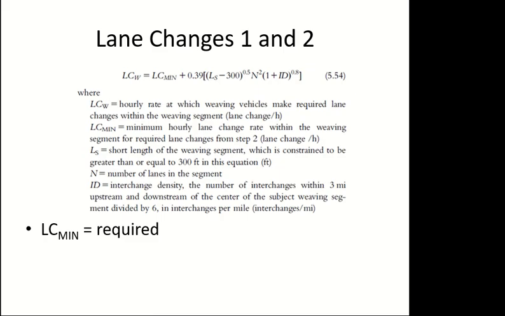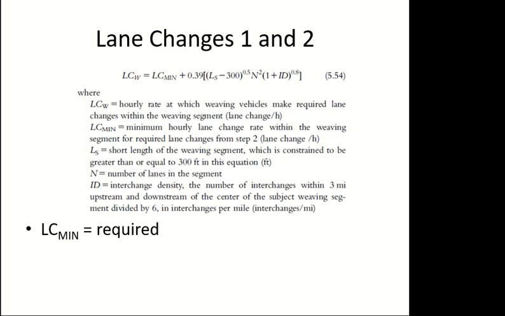The interchange is the point where two highways are crossing each other. And we are talking about a freeway, so it's not an intersection, it's an interchange. So you count it, and like I mentioned for the freeways as well, you count it for 3 miles forward and 3 miles back. So you are on your segment, you count how many interchanges you have, and you move 3 miles forward, and then you go and count it for 3 miles back as well.